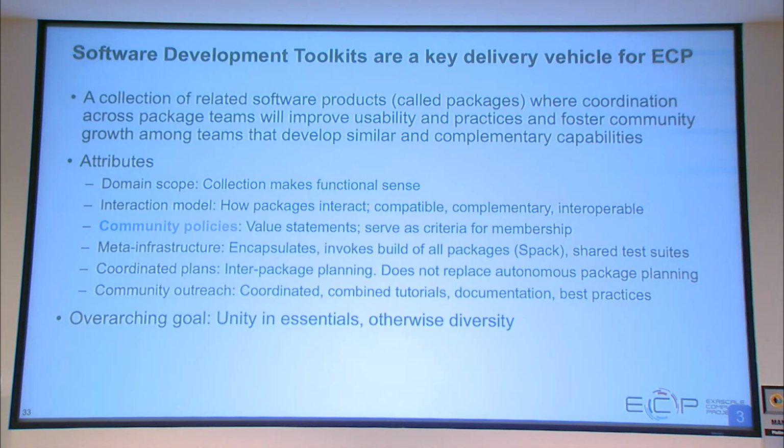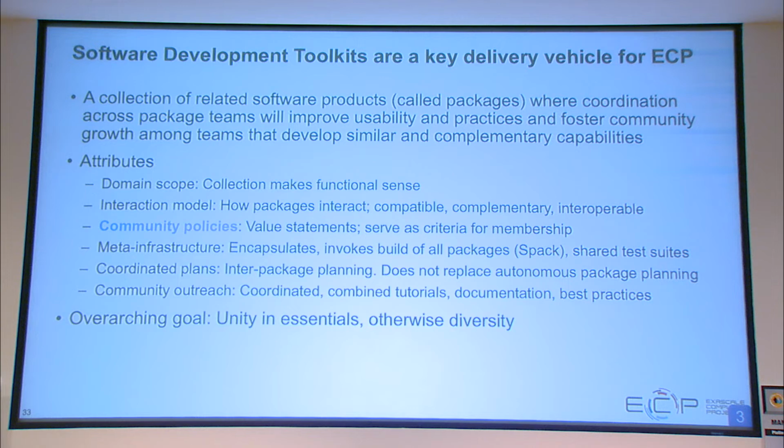So again, a key point here is it's a collection of related software products, packages, where we're developing these community policies. So the idea is that each one of these collections makes some amount of functional sense, and the interaction model is really how are they interacting? What are the conditions for compatibility, for interoperability, and what are the community policies that are required to make sure that that happens?